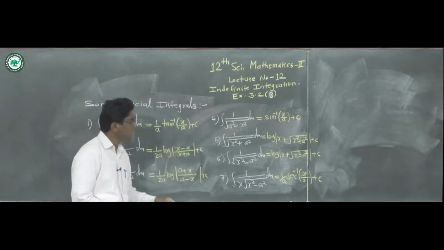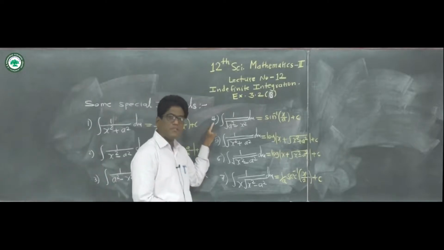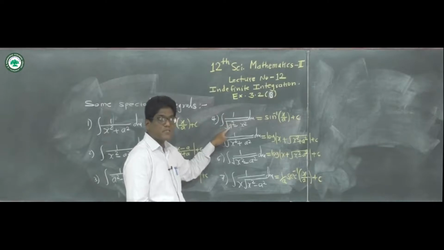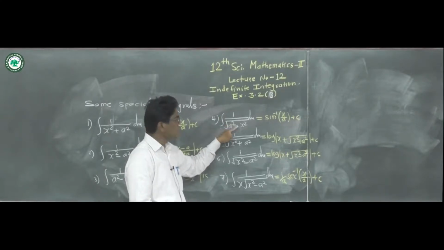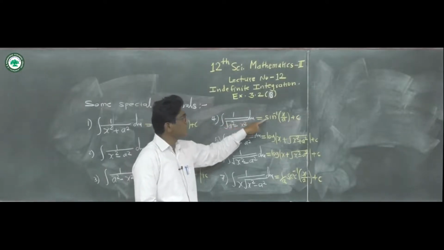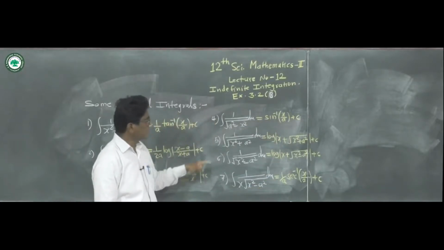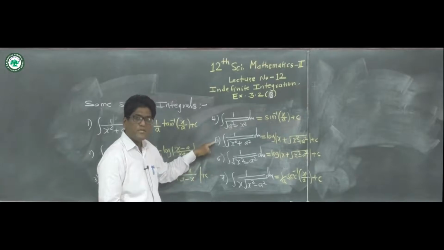In the fourth formula, always remember here integration of 1 upon root of, where constant square is present, 1 upon root of a square minus x square dx is equal to sine inverse of x upon a plus constant of integration. And the fifth and sixth formulas are very similar.